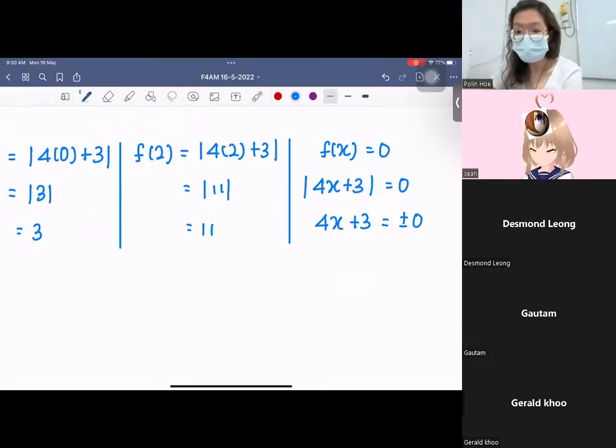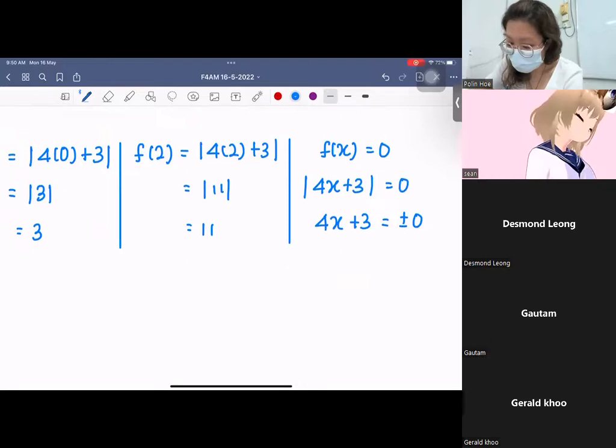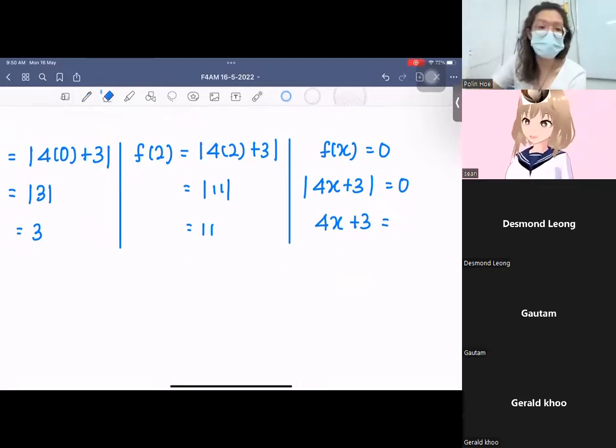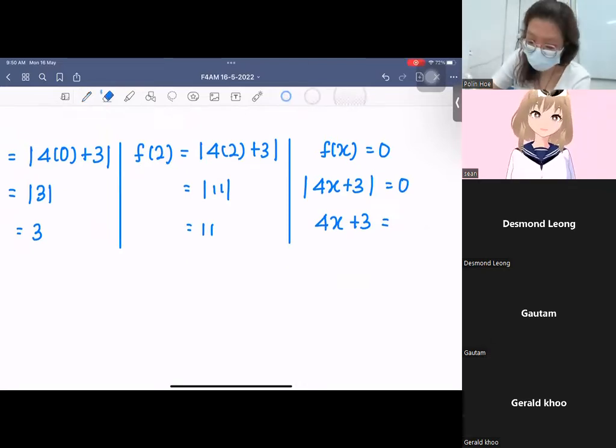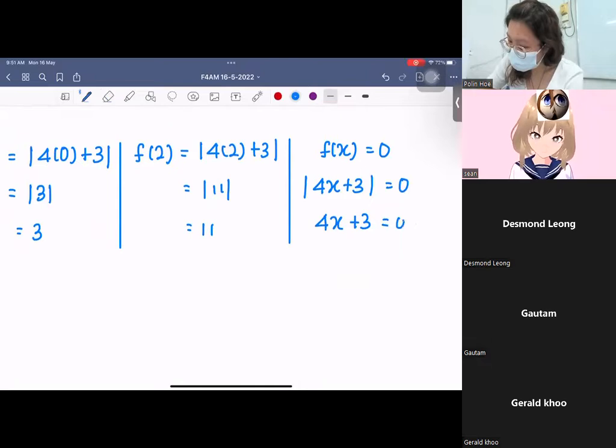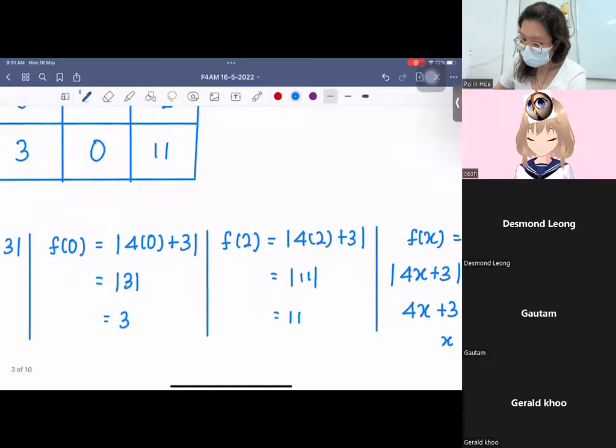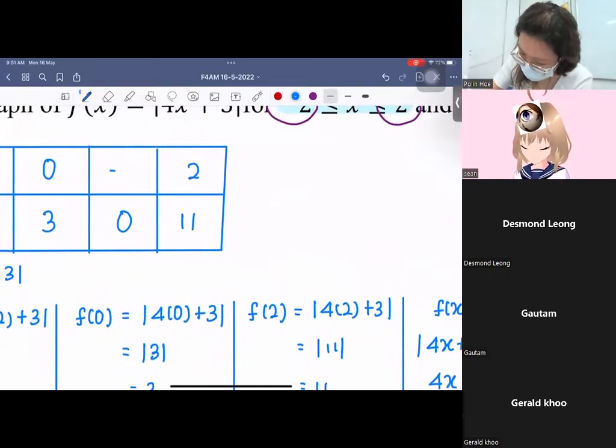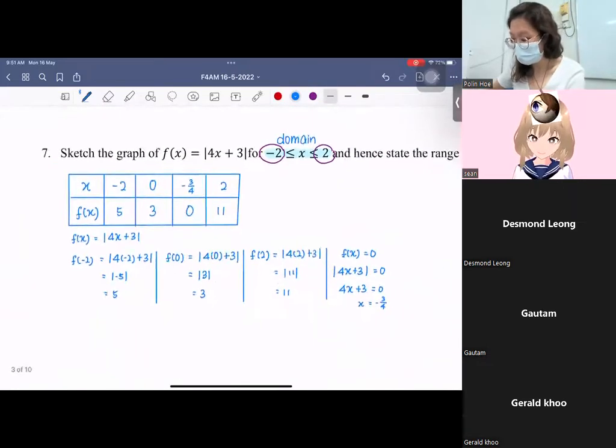No, because 0 is actually a neutral number. So x is equal to -3/4. I need all this, then I can sketch my graph.